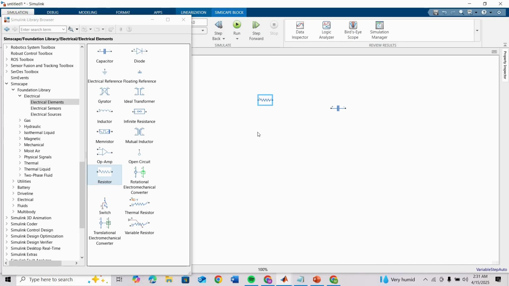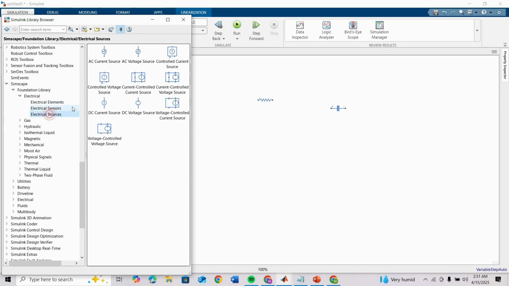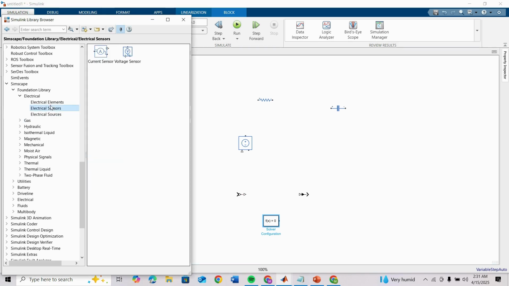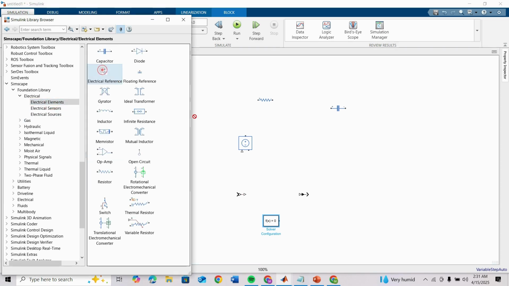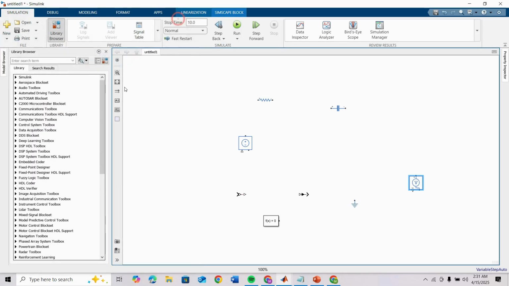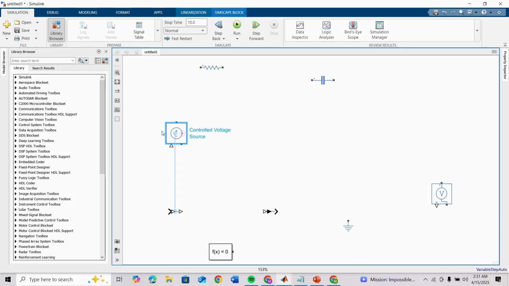Sorry, resistor R. And we need a source, the electrical source, which is the controlled voltage source, and obviously we need the PS-Simulink PS converter and solver configuration, and under electrical elements we need the electrical reference, and for the sensor, obviously we need a voltage sensor. So that's all I need.